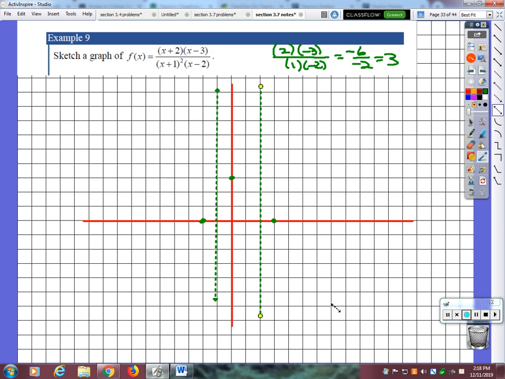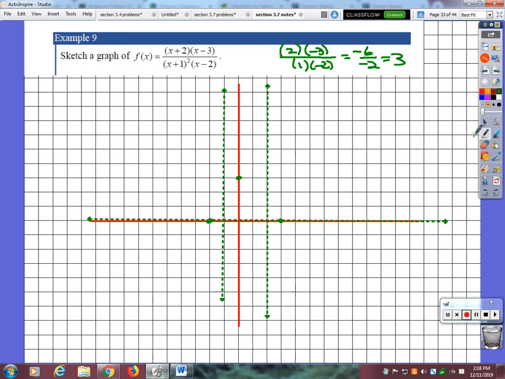Good, yep, you're right. This is bottom heavy because the top is just going to be x squared if we FOILed it out, and the bottom is x cubed. So that means the graph has a horizontal asymptote that looks like that. All right, are we ready to draw it? Okay, what you got?